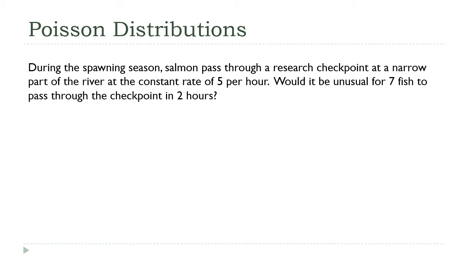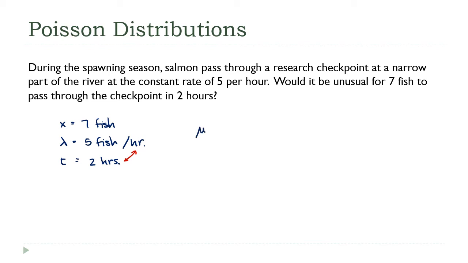All right, so first let's organize our values here. X is 7 fish. Lambda is 5 fish per hour. And T is 2 hours. And again, we've got that same quick check. Time units are the same, right? So we don't have to worry about making any conversions. All right, so where do we end up?